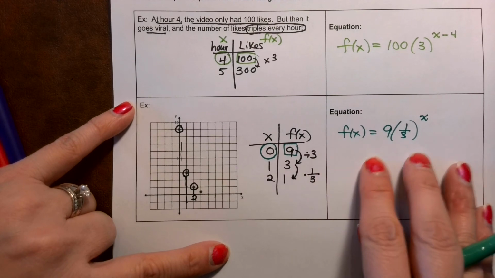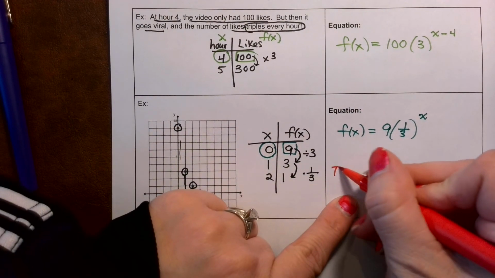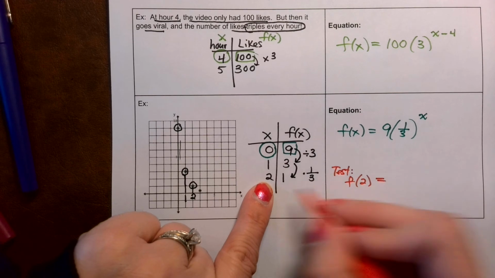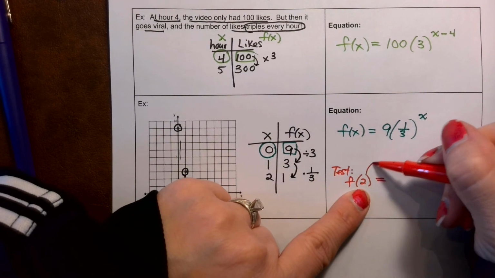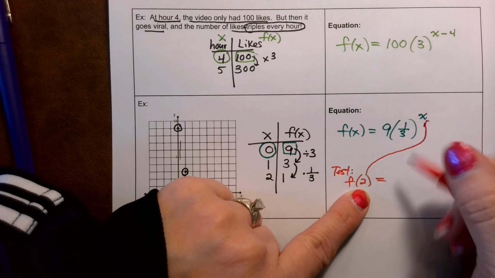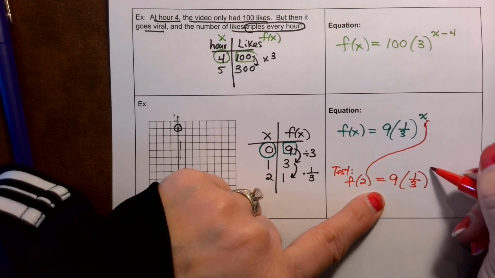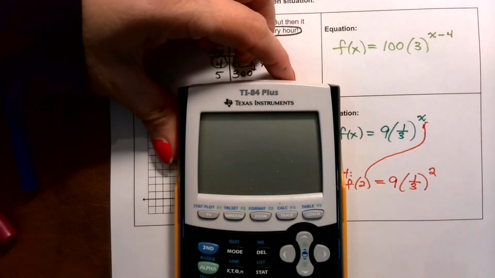You can always try your equations to see if they're working. So I'm going to test this equation. I'm going to test f of 2 to see what we get. I'm going to plug 2 into the equation. 2 needs to go into the input spot. 9 times 1/3 to the power of 2. And I'll use my calculator to help me with this.